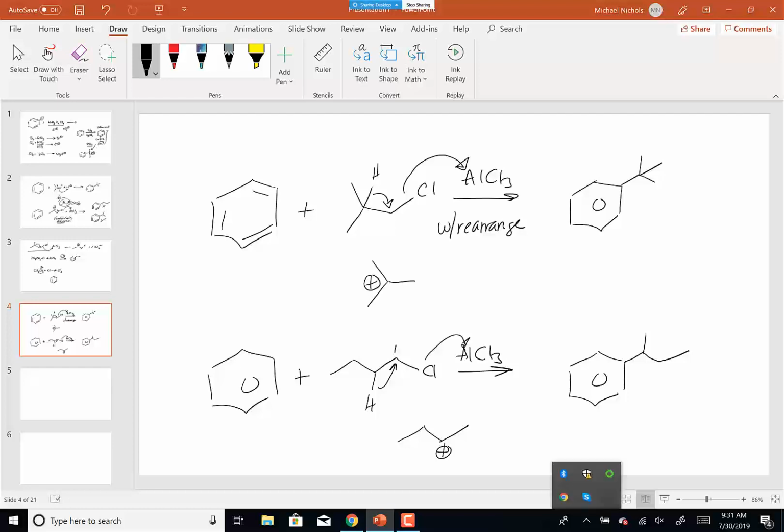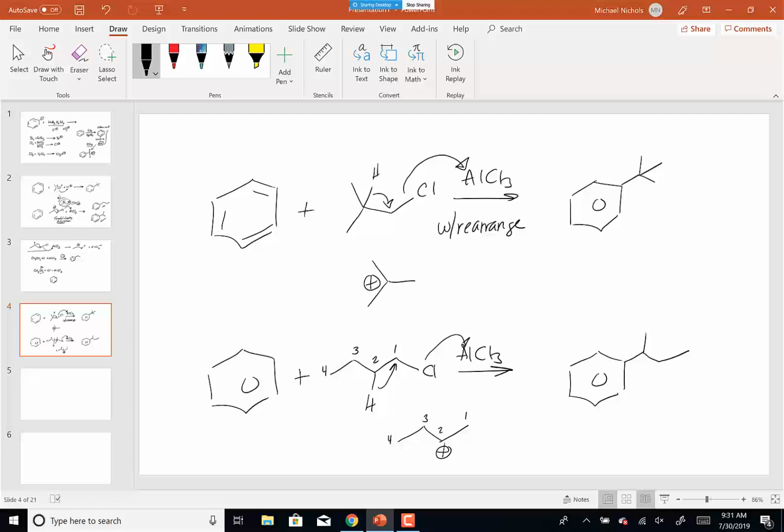Right. So if I'm numbering these, it's always going to be 1 through whatever. The carbon 2 hydrogen is always going to do a shift as the chlorine leaves, so that you end up with a carbocation on carbon 2. It's always going to shift to that carbon. So this is an issue in terms of making straight-chained alkyl benzenes.